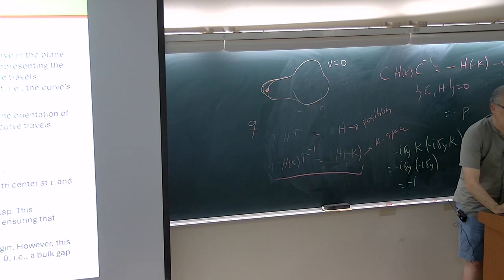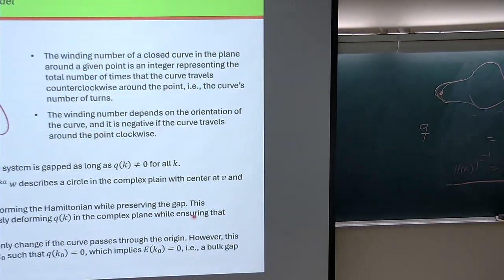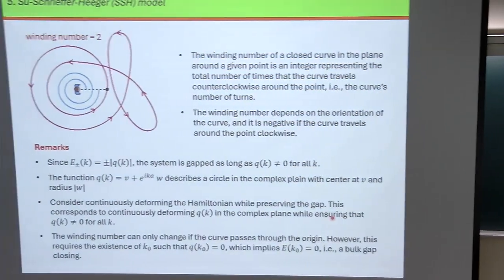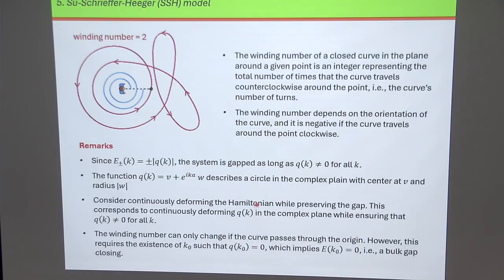So you consider this continuous deformation of the Hamiltonian while preserving the gap, and this corresponds to a continuous transformation of this Q of K complex plane curve. And if for some point Q is 0, then you know that the gap is closing there.